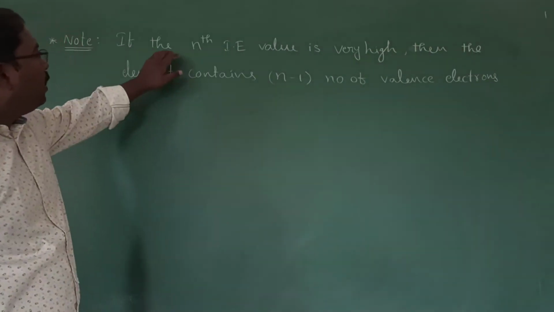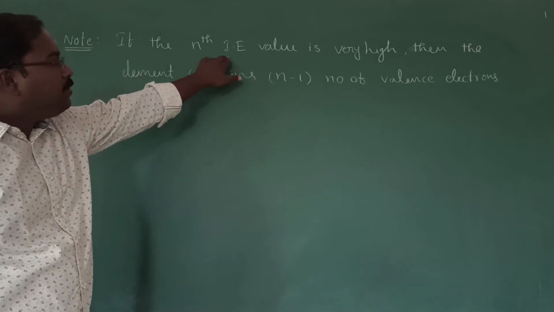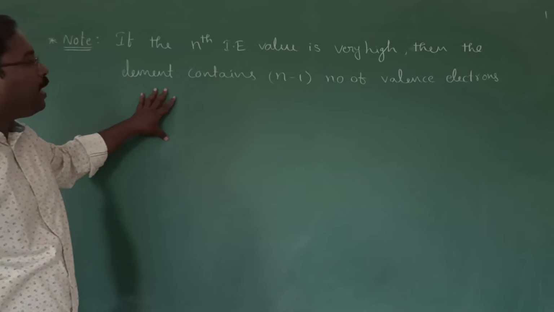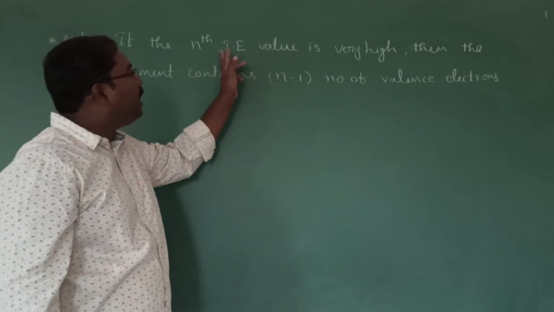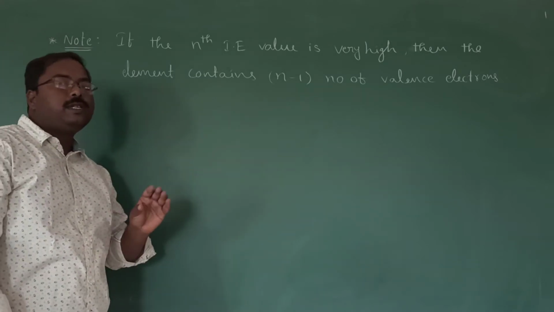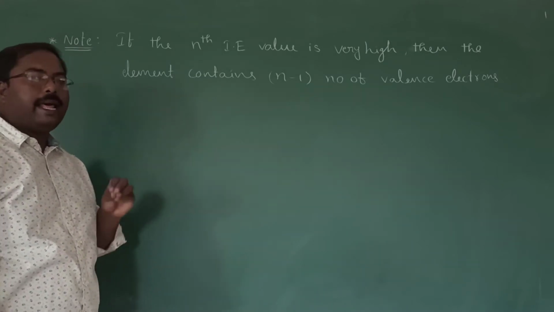Okay? If the nth ionization energy value is very high, it means the element contains n minus 1 number of valence electrons. So from the examples whatever I gave, I hope you got clarity.